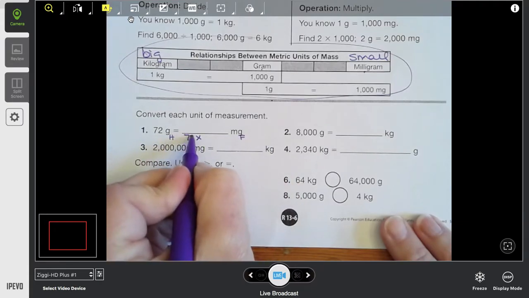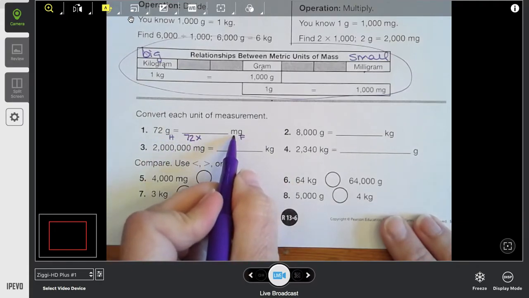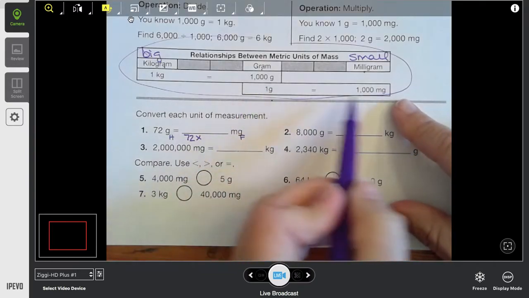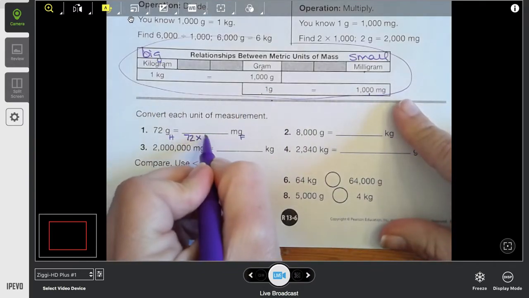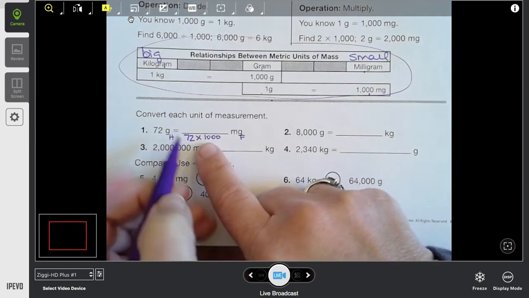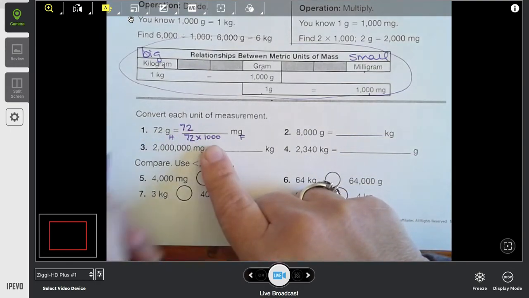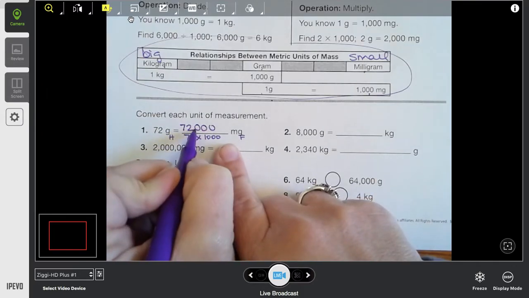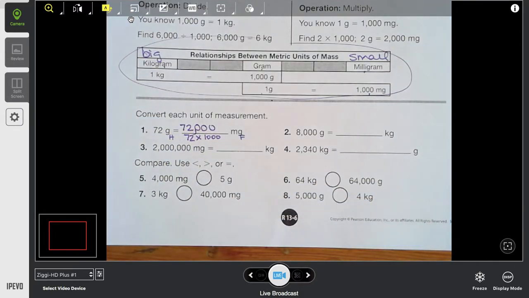We're going to take those 72 grams and multiply it by how many milligrams are in a gram. 1,000 milligrams in 1 gram, so we're going to multiply by 1,000. I can take my shortcut for my multiples of 10, and 72 times 1, and then put the 3 zeros on the end. 72,000 milligrams.